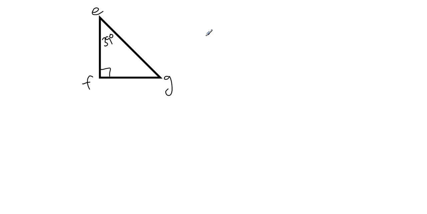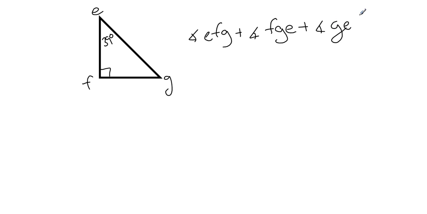So you write out our lettering, angle EFG plus angle FGE plus angle GEF equals 180 degrees. Alrighty, in this case I wrote so big I didn't leave myself enough room to actually list my variables off on the side that I'm going to sub in.